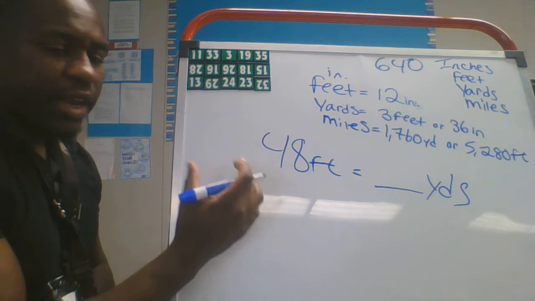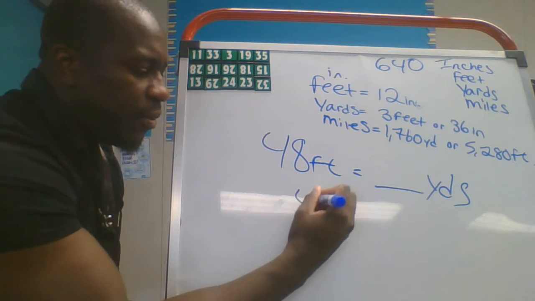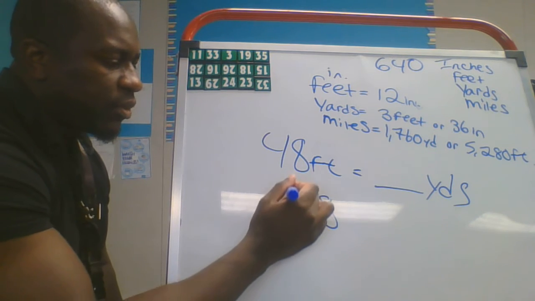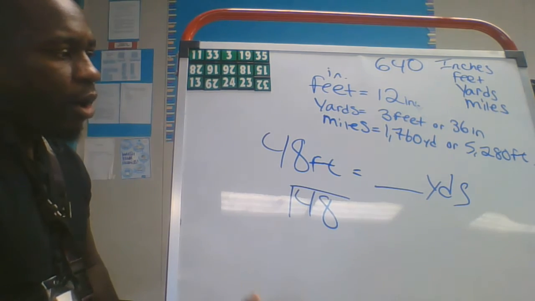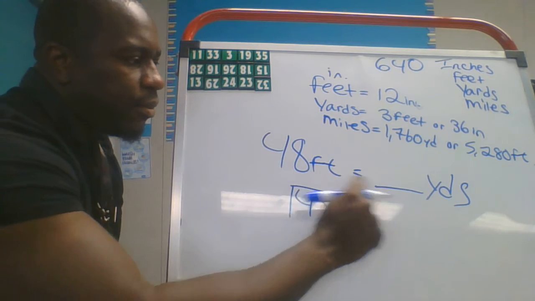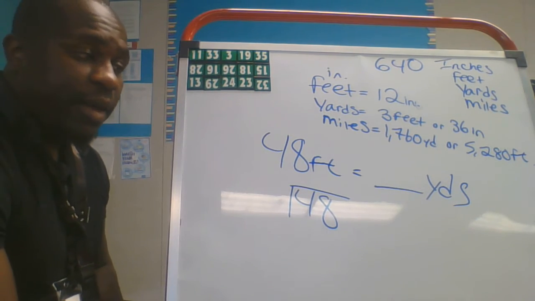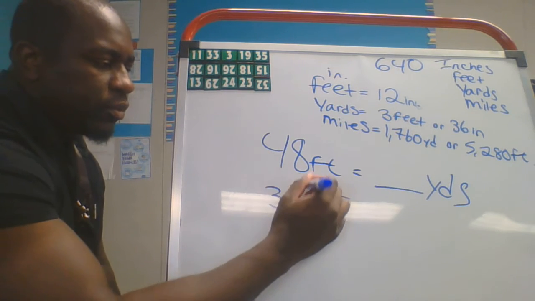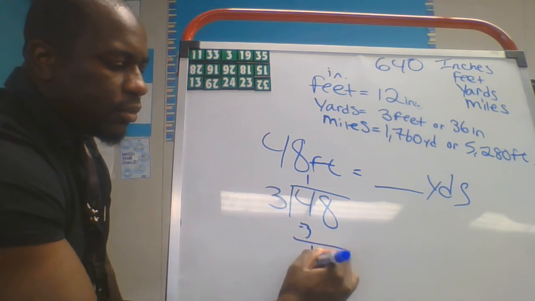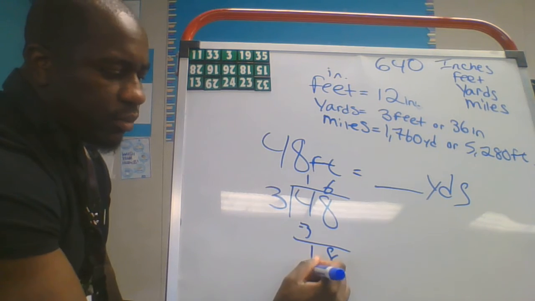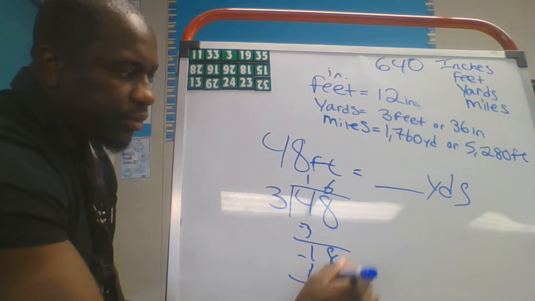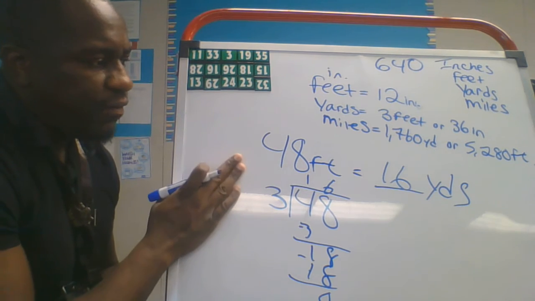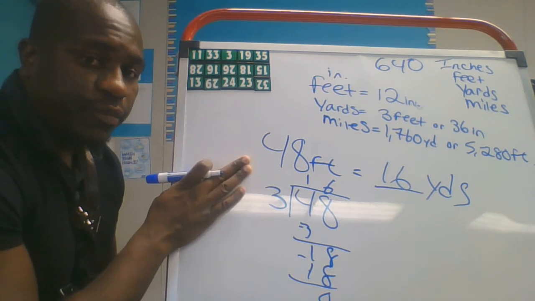So similar to the previous example, we're going to take this 48 and put it off to the side. And we're going to divide. And what are we going to divide by? Well, how many feet are in a yard? That's what we're going to divide by. So there are 3 feet in 1 yard. Okay.